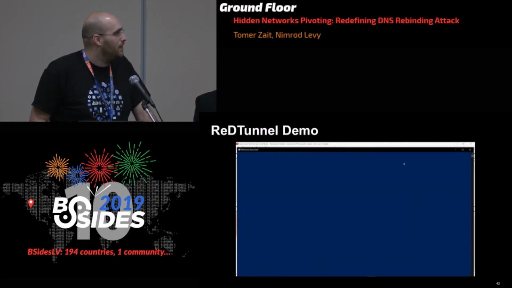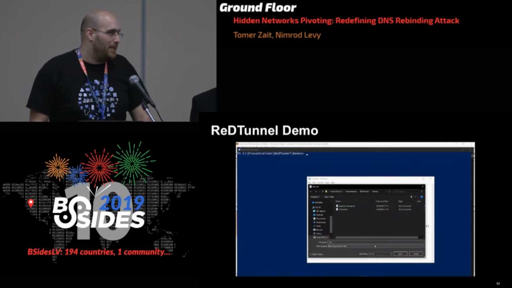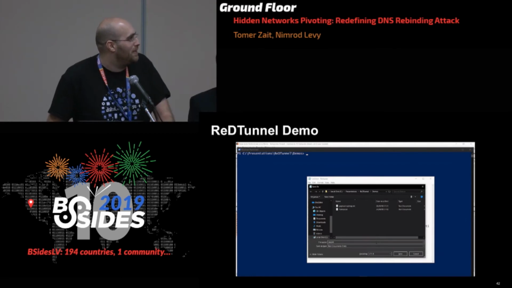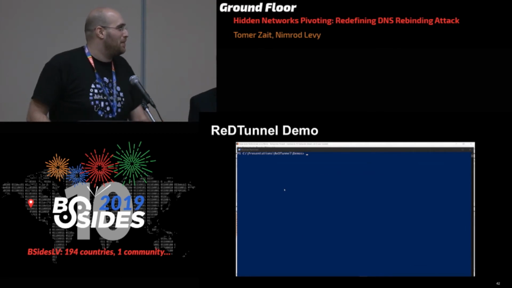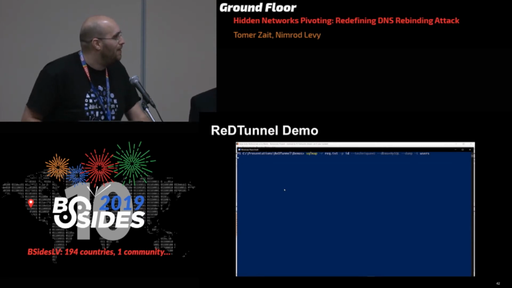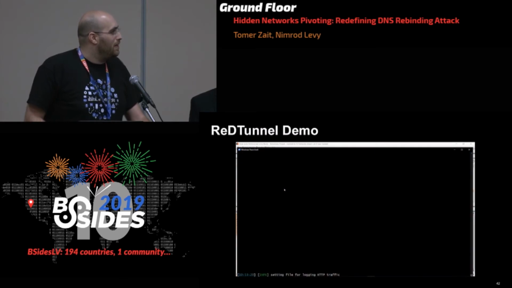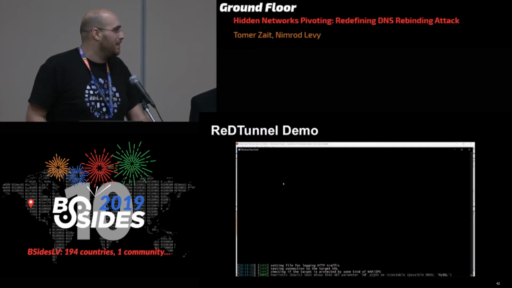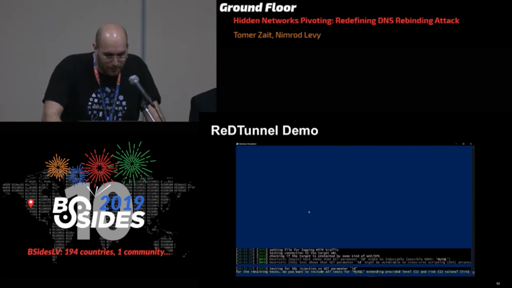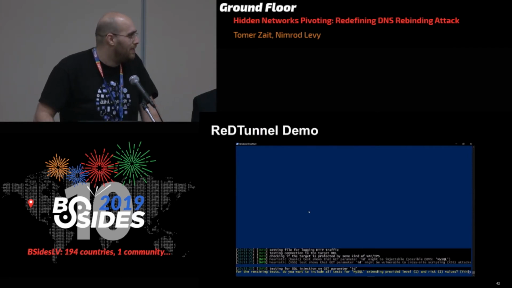We'll open CMD, or here's PowerShell, although I had PowerShell, but still, it was the faster option. Now we just execute the SQL map command with the request file, and it will find that we have MySQL database here.